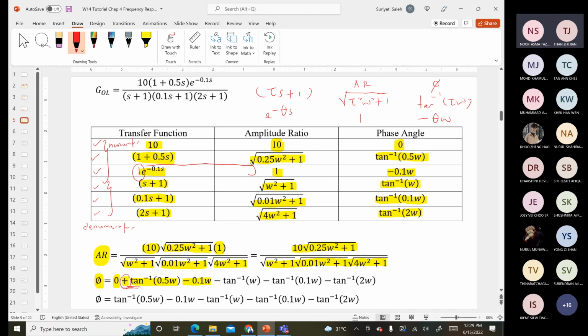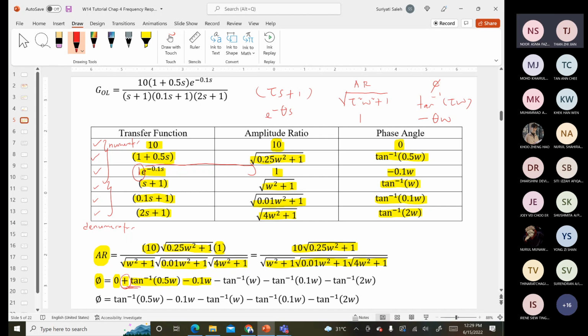Why is it positive? Because it is located on the top of your equation, on the numerator. So the definition of phase angle is the summation of the angle at the top minus the summation of the angle at the bottom. Or in simple words, angle at the numerator minus the angle in the denominator.